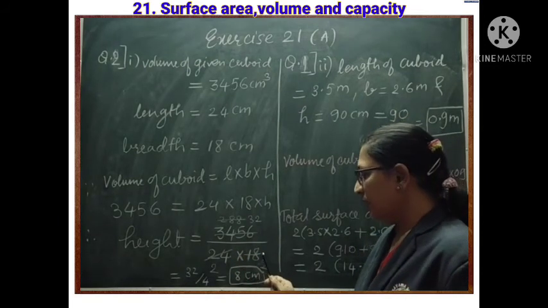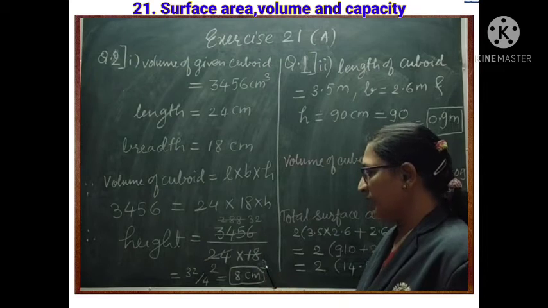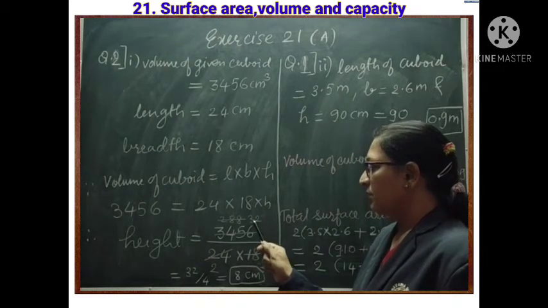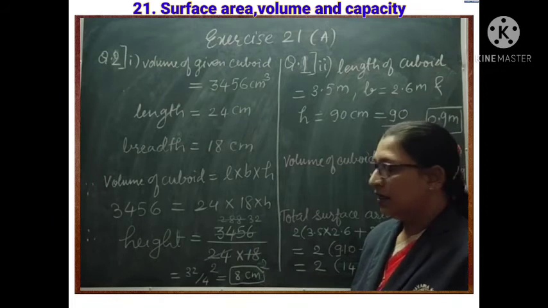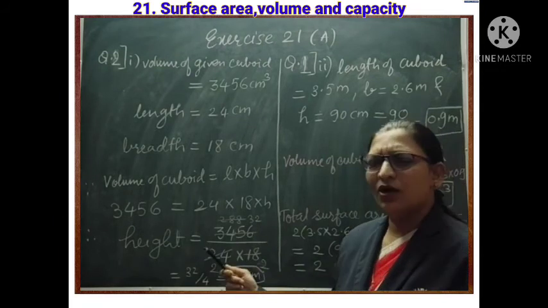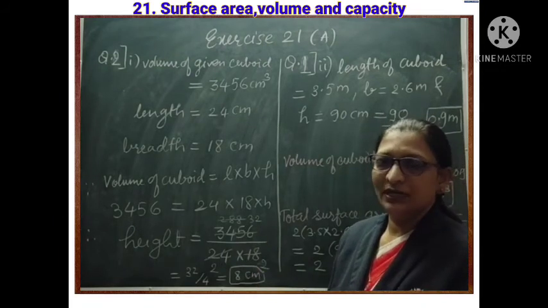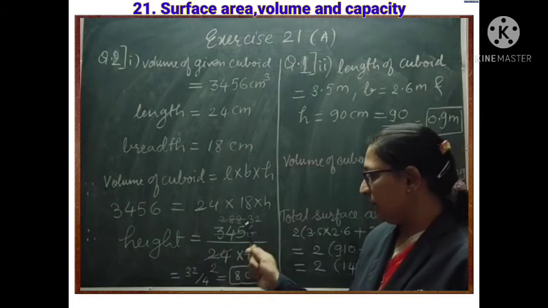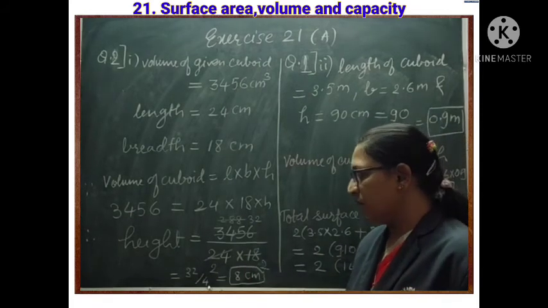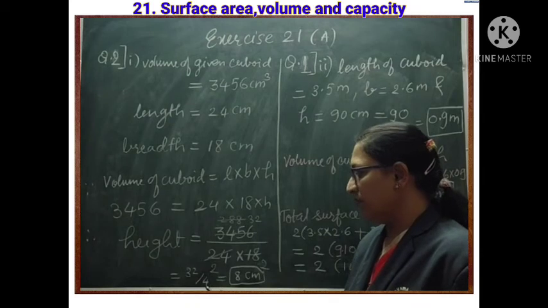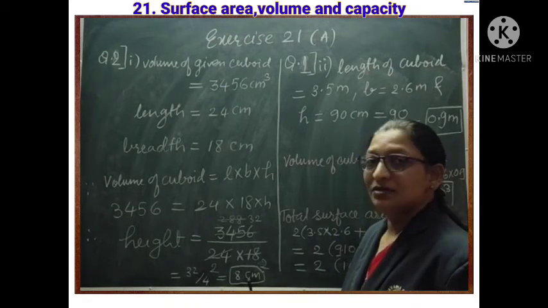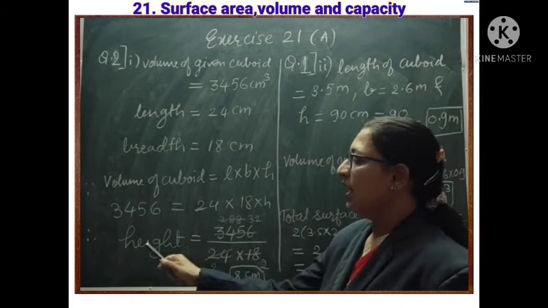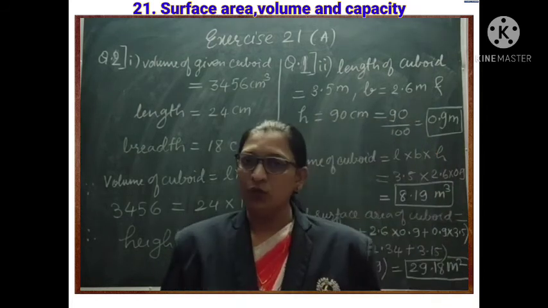Further, we will divide here by 9. 9 2s are 18 and 9 32s are 288. Here you can make the division according to your choice of calculation. Finally, 32 divided by 2 into 2, that is 4. 32 divided by 4 is equal to 8 centimeter, the height of the given cuboid.